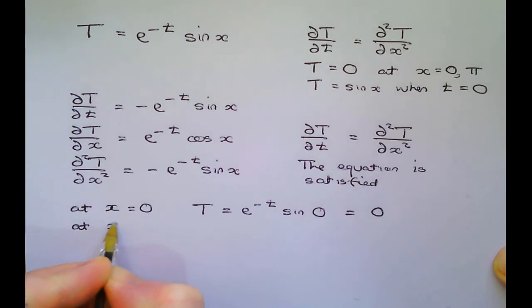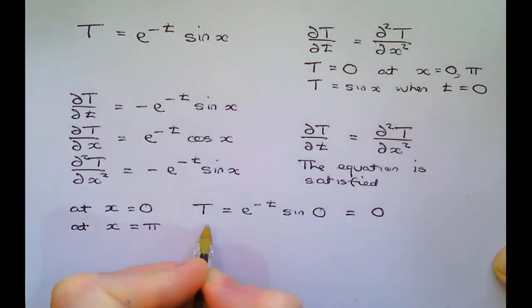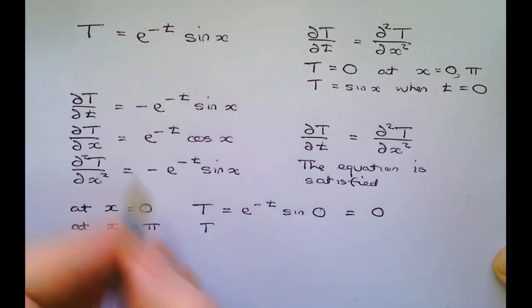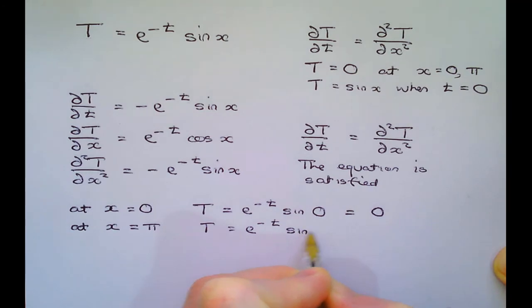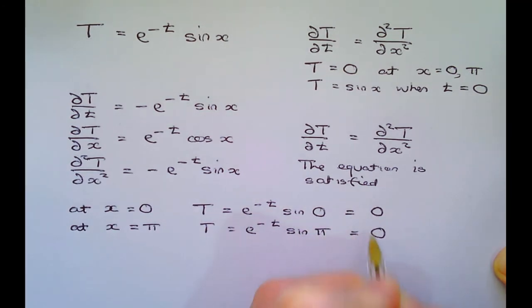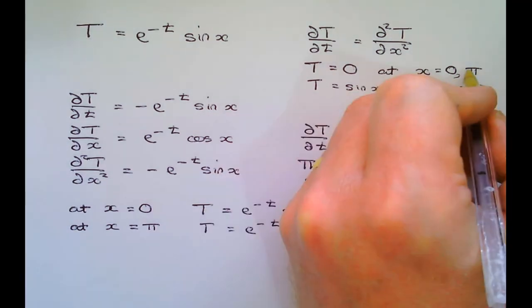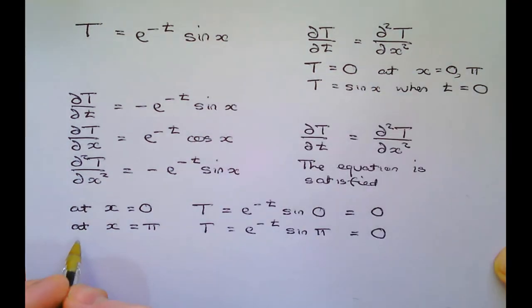Similarly, when x is equal to pi, our temperature T here will be e to the minus t times sine pi, and sine pi is also equal to 0. So once more, T is equal to 0.